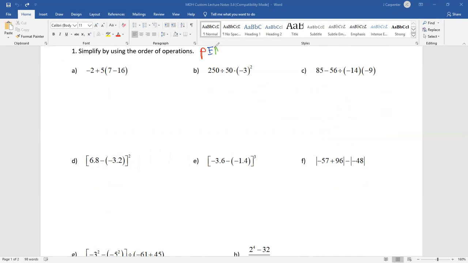Then we'll do M and D together from left to right. Then we'll do A and S from left to right. So there's 4 steps in that order. That's the first step. That's the second step. Then the third step. And the fourth step.